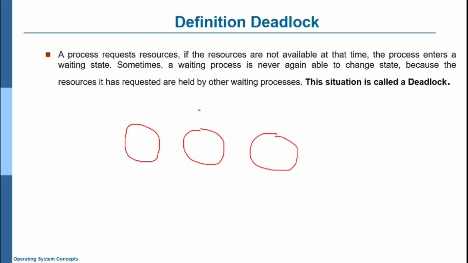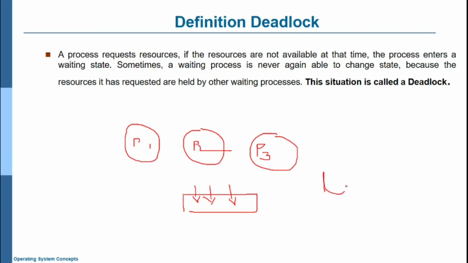There will be a number of processes: process P1, process P2, process P3. These three processes are requesting resources, something like CPU time, or maybe memory, or maybe an input output file. If these resources are not available at that time, the processes enter a waiting state.